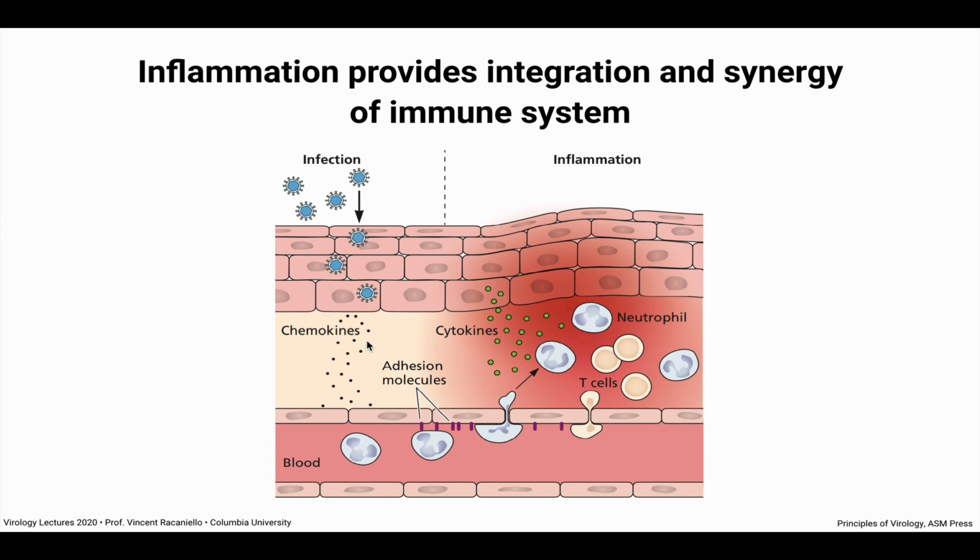These cells sense infection. They produce cytokines and chemokines, which attract, of course, dendritic cells and other antigen-presenting cells so that they will pick up antigen and bring it to the lymph nodes. The chemokines also attract other immune cells like neutrophils.